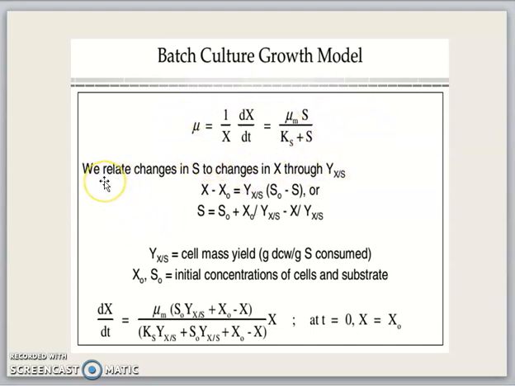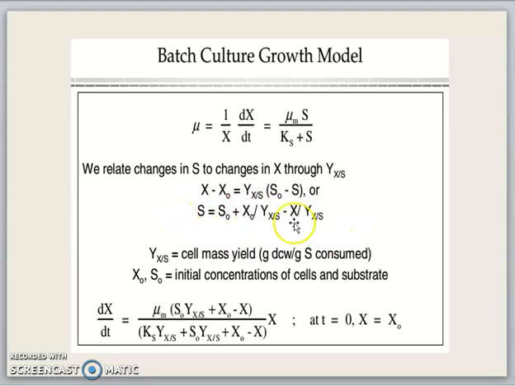Then, to relate changes in s to changes in x through the yield, from the equation x minus x naught equals Yxs times s naught minus s, you rearrange, so it becomes s equals s naught plus x naught over Yxs minus x over Yxs.